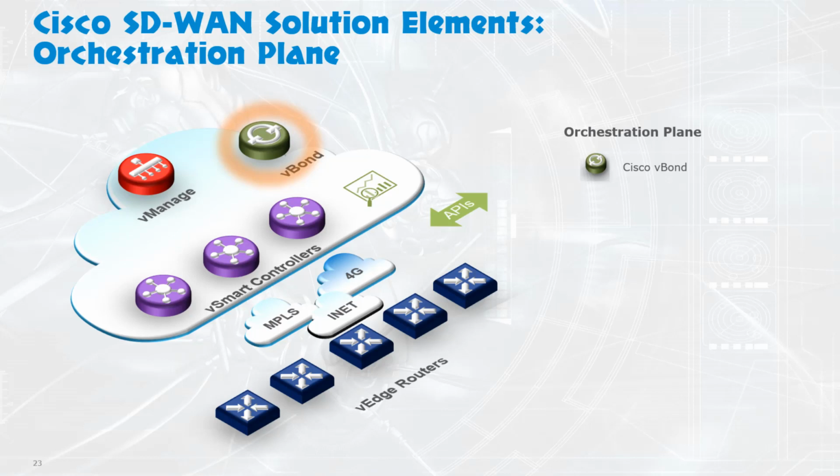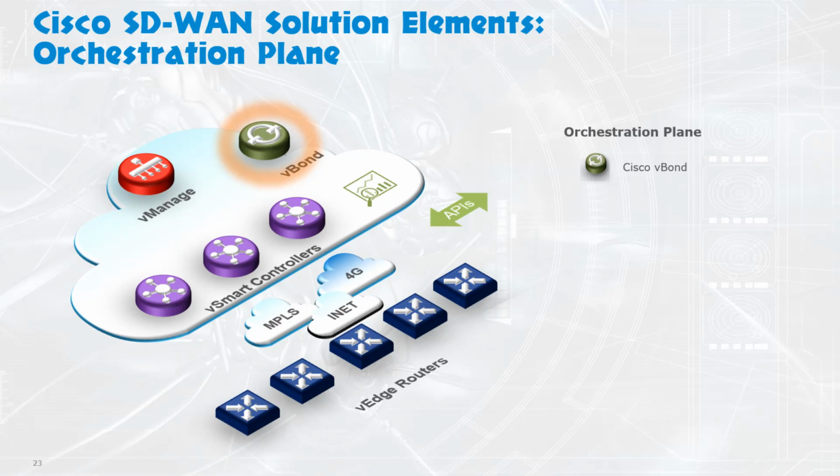Basically, when a vEdge router first comes up, the initial device it talks to is vBond. During this bring up process, the vBond authenticates and validates the devices that want to join this overlay network. This automatic orchestration prevents having to do this manually, which can be tiresome and can bring a lot of errors into this environment.